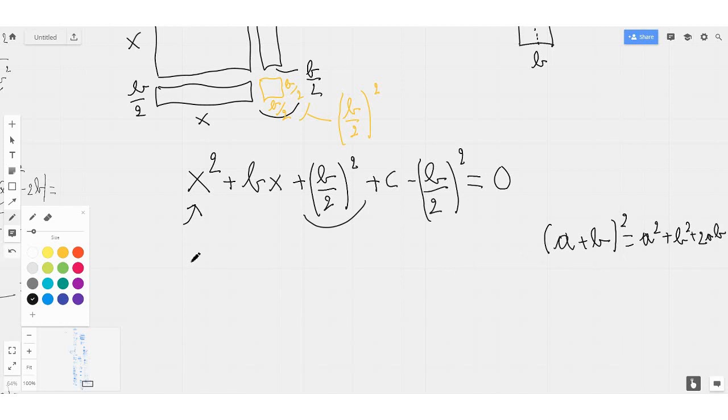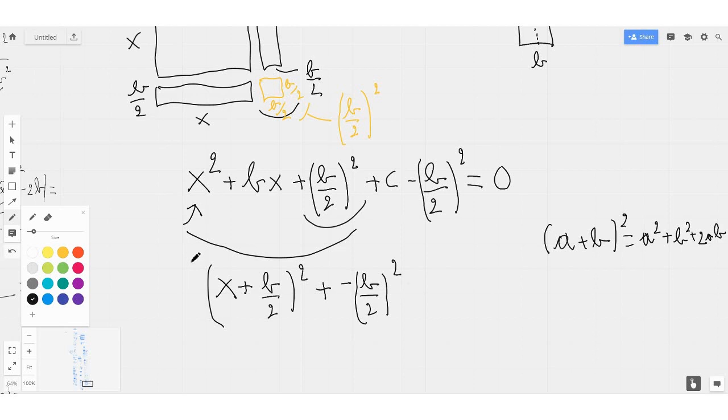So can you recognize or see something similar within this expression? This is equal to x plus b over 2 squared plus c minus b over 2 squared, which is equal to 0.